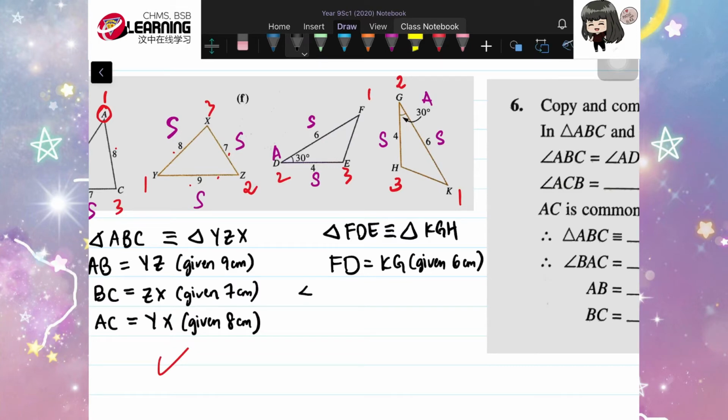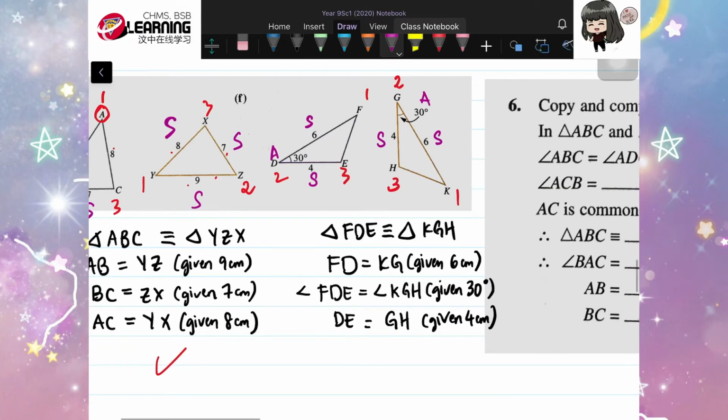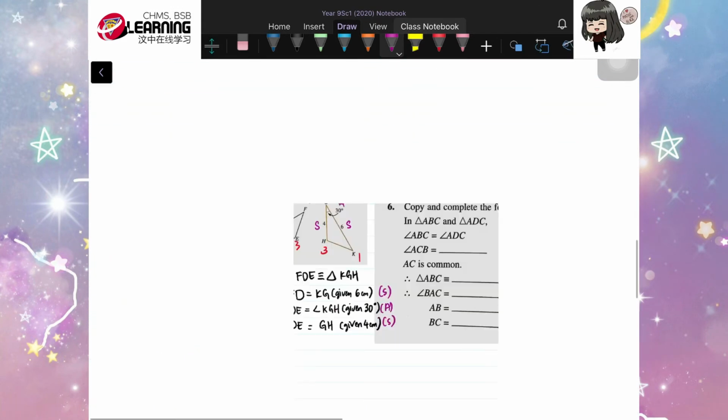The second one is angle FDE equals angle KGH, and it's given 30 degrees. And the last one is DE equals GH, and it's given 4 cm. So this is obviously side angle side.